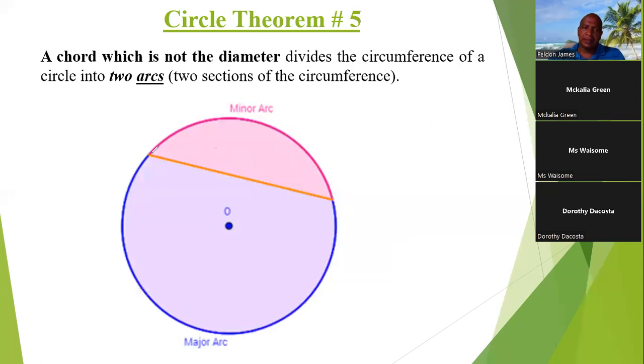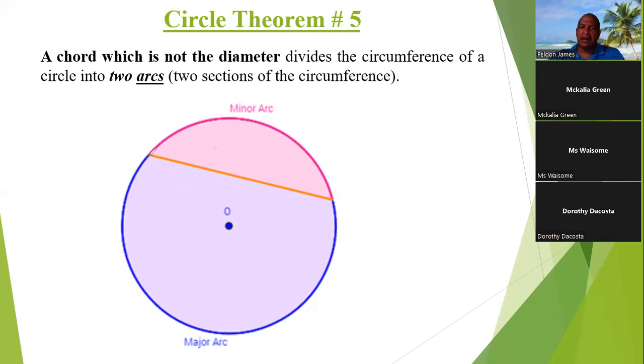So this pink line going all the way from one point of the chord around to the other point of the chord is an arc because it's a section of the circumference. Comparing with the other section, the blue section, you will see that the pink section is shorter than the blue section.